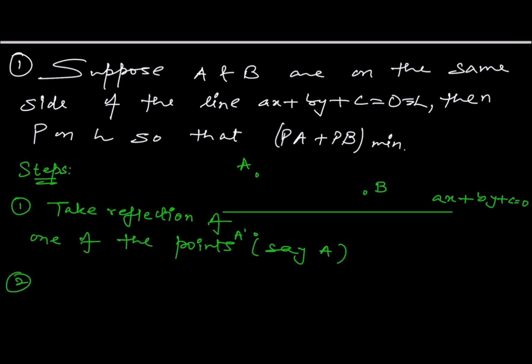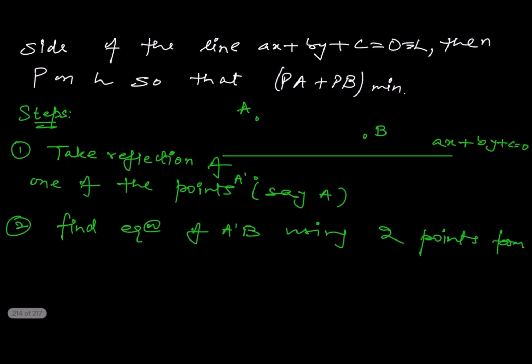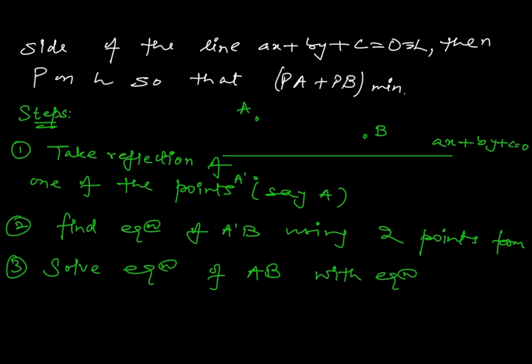Second point is find equation of A dash B using 2 points form, right? And third, solve equation of A dash B with equation of given line, right?